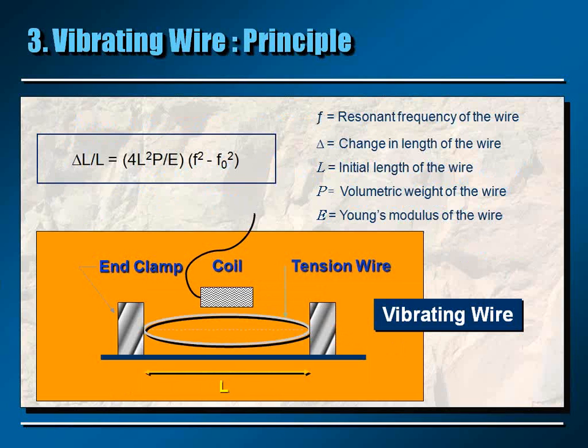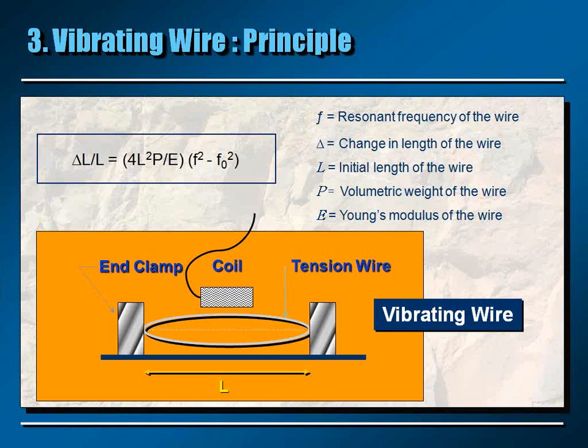Now, the relationship between the vibration frequency and the change in distance between the two clamps is the one that you see. You will note that this relationship is affected by L, the length of the wire, P, the volumetric weight of the wire, and E, the Young's modulus of the wire.